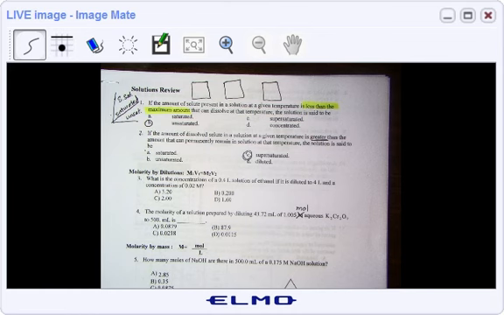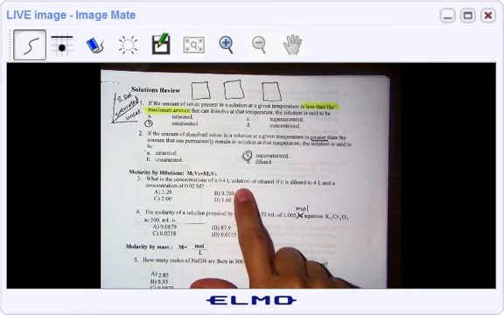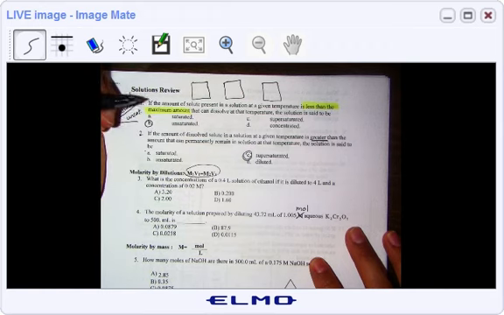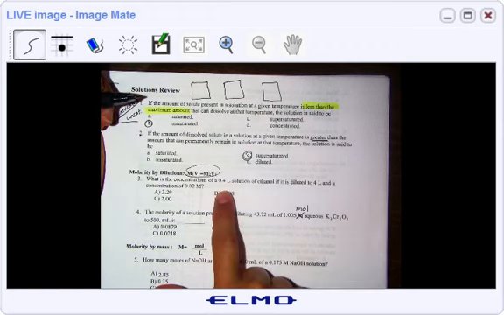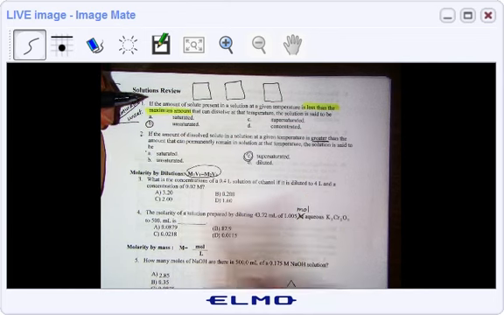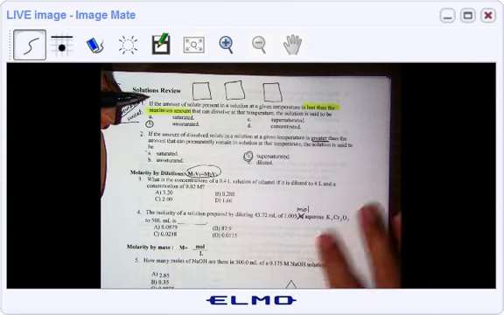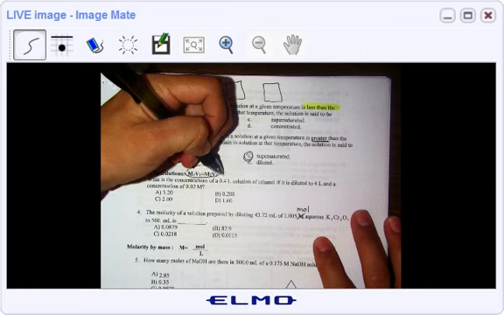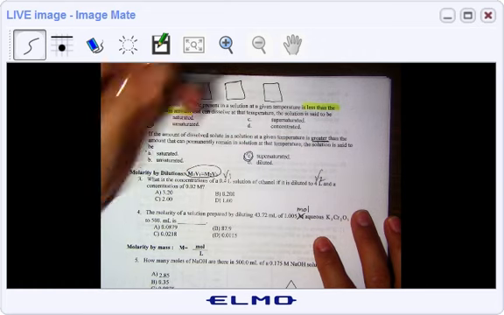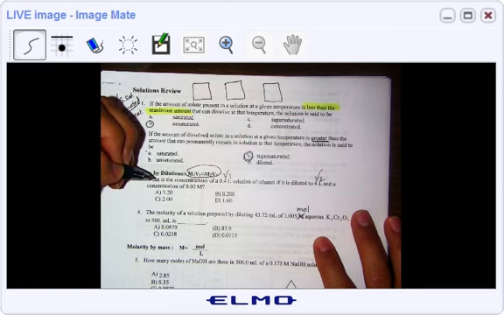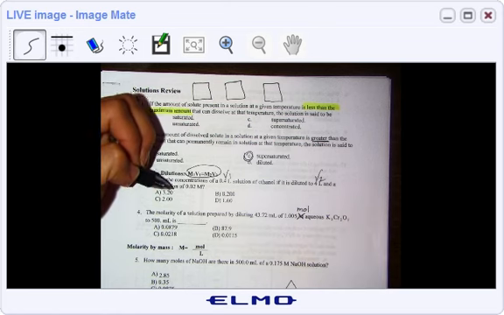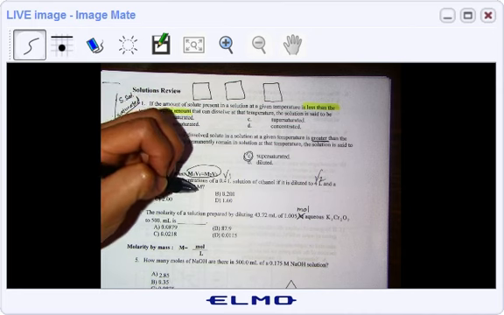Number 3, what is the concentration? For these, you use this formula, M1V1 equals M2V2. The concentration of 2 is my M2... 0.02 is going to be my M2.